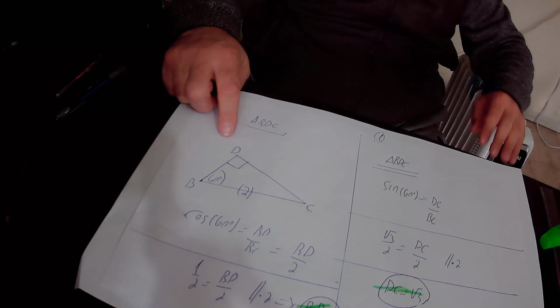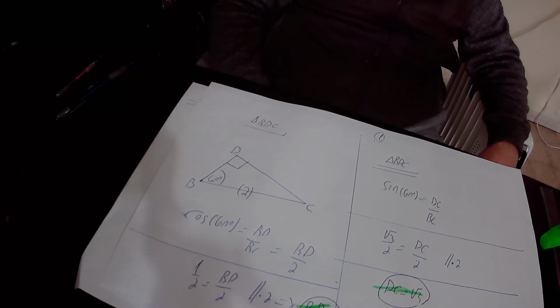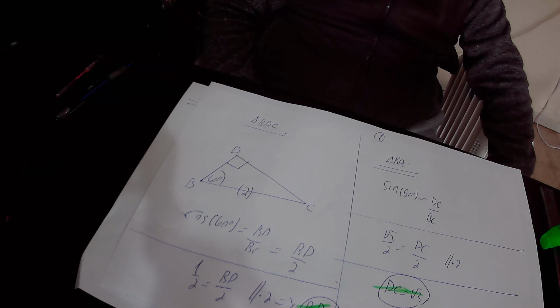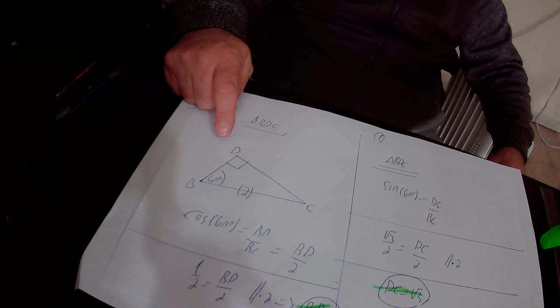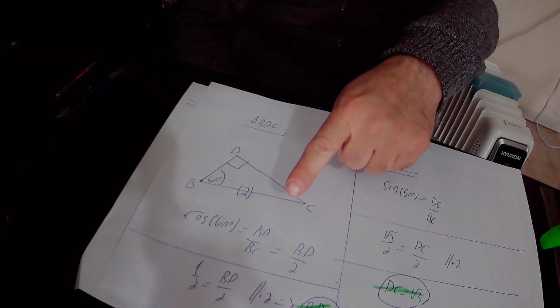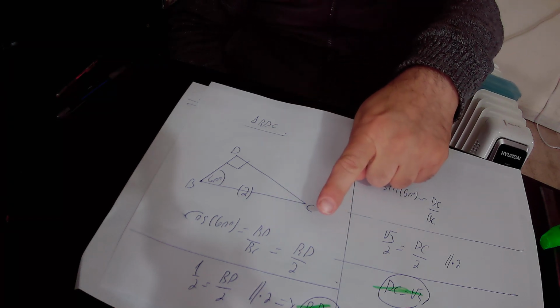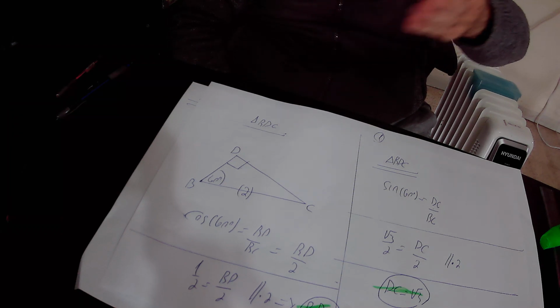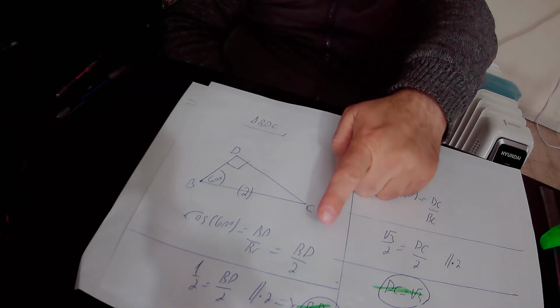This is the right triangle DBC that is coming from the original drawing. In the right triangle DBC, cosine 60 degrees equals BD over BC. So it is BD over BC, and BC is 2. So in conclusion, we found out that cosine 60 degrees equals BD over 2.